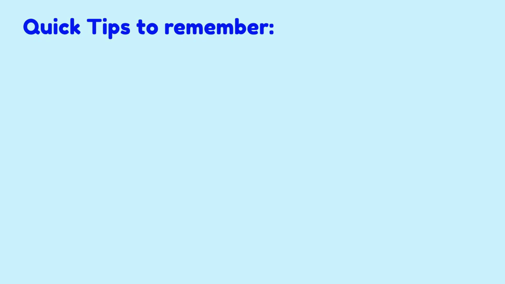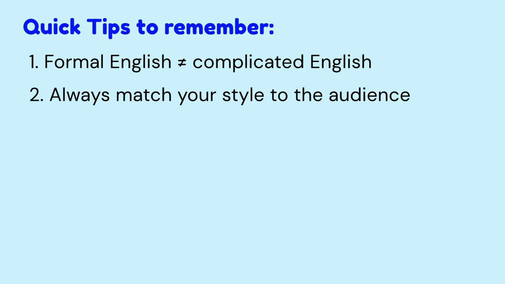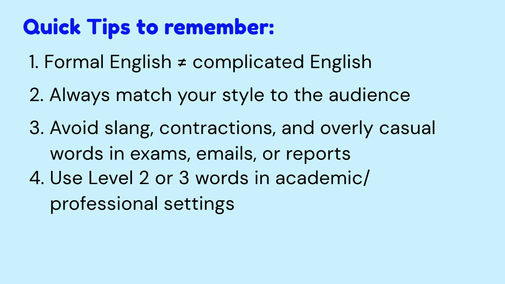Quick tips to remember are: formal English does not mean complicated English. Always match your style to the audience. Avoid slang, contractions, and overly casual words in exams, emails, or reports. Use level 2 or 3 words in academic, professional settings.